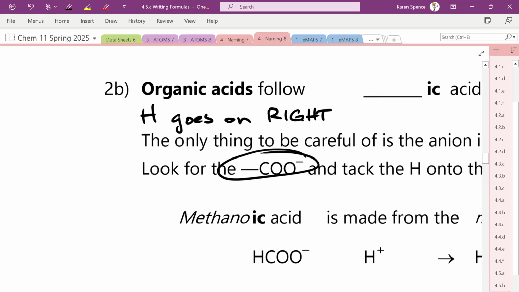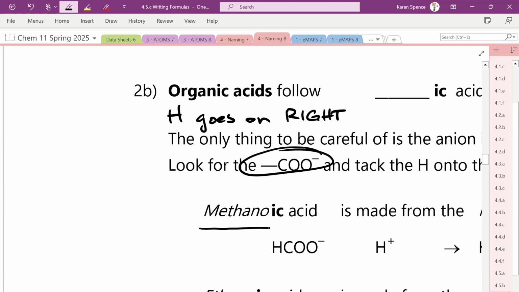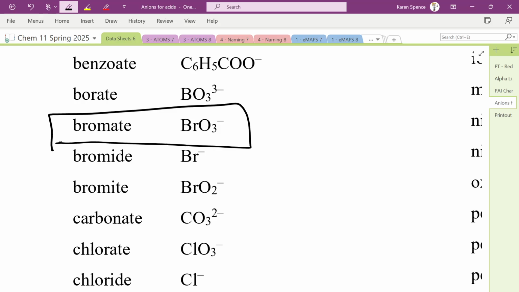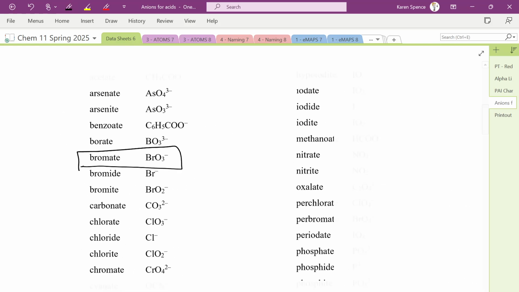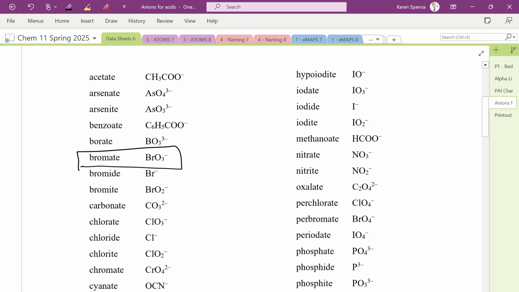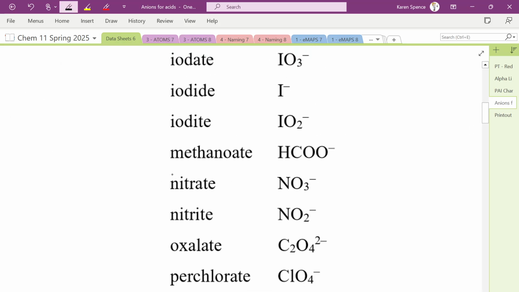So let's take a look at the name methanoic acid. And you're like, what the heck is methanoic acid? Well, hopefully it will be on my anions for acids sheet. Okay, so I can go to my data sheet, and I can go under M. There's methanoate.